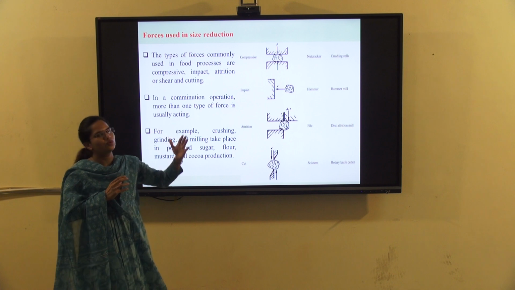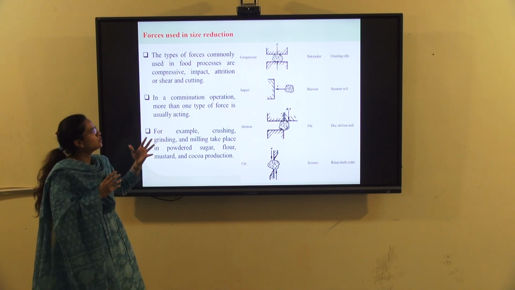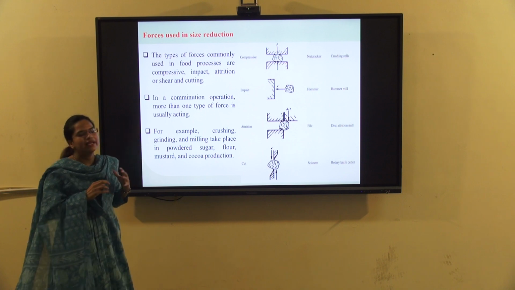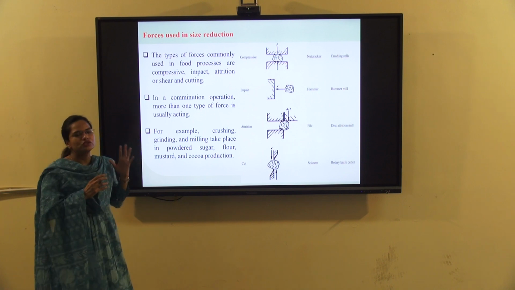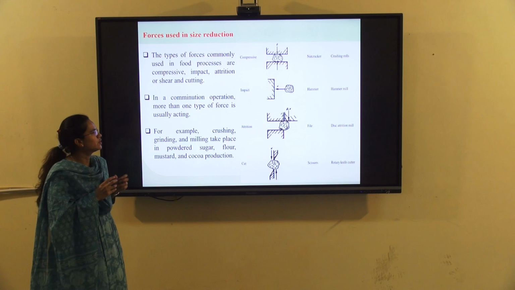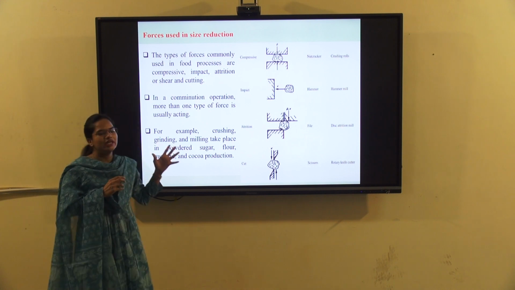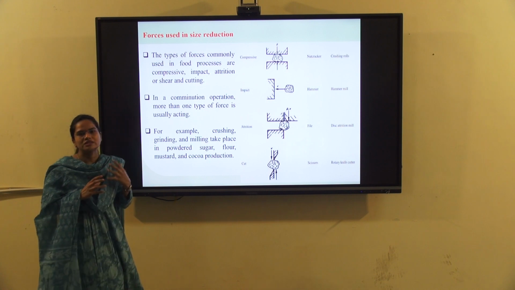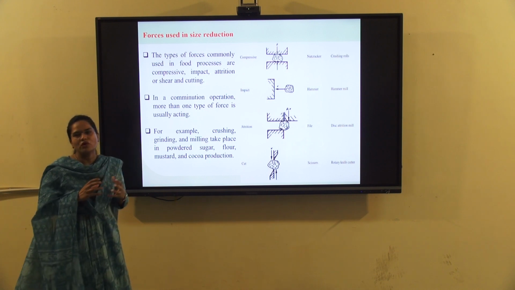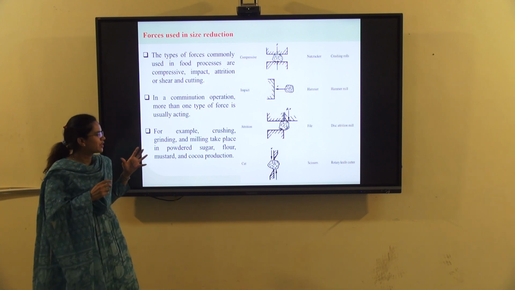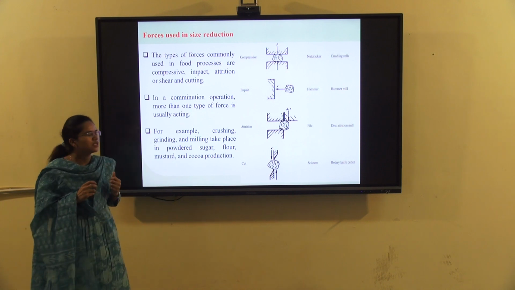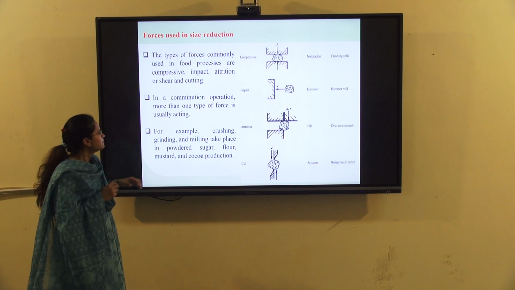Like the pressing roll, where the main force used for size reduction is compression. In the case of a hammer mill, the hammers use impact force. In the case of disc or attrition mills, shearing and pressing forces are used to make fine particles. In the case of a rotary knife cutter, the main force is the cutting action by the scissor.